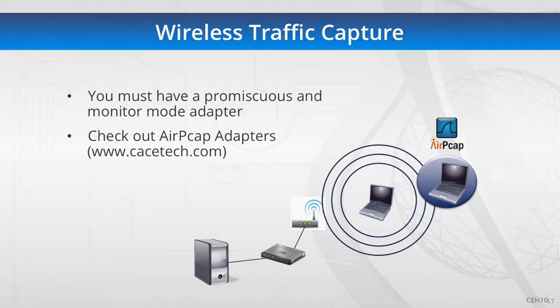Okay, so wireless traffic captures. You must have a promiscuous monitor mode adapter. If you go to my expanding security site and type wireless traffic capture into the search box, you will see the list of appropriate USB wireless cards that you should be interested in purchasing. You want to get one that works for you. I like the Alpha cards because they work across all operating systems and they're very portable.